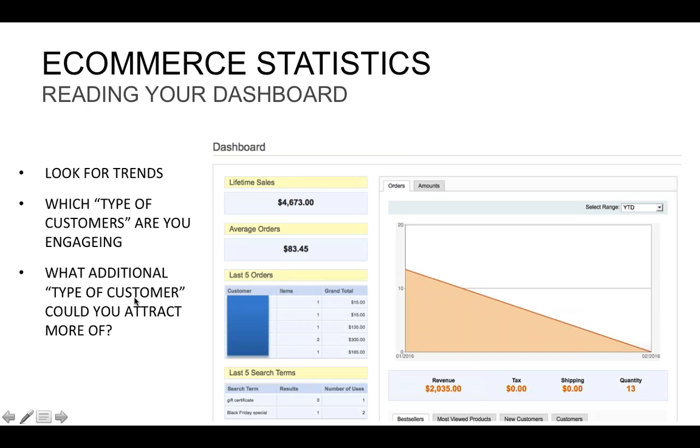So what you want to do is look for trends. Well, this is a trend that's going down. And that is a clear reflection of the fact that the people registering for or purchasing classes online from this business do that at the beginning of a semester or a class period. Great. So what can we do from a business standpoint to even this out more or even reverse it and have it increase?